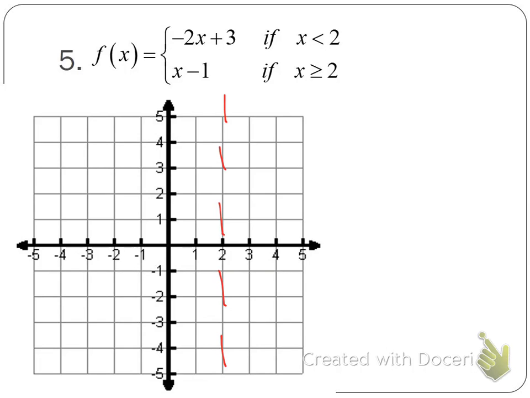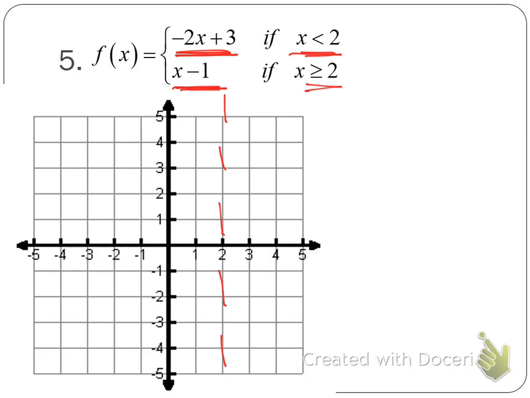Okay? And so we want this equation when x is less than 2. Well, x is less than 2 are all these values back here. So this is going to be the left side of the graph. We want this equation when x is greater than or equal to 2.